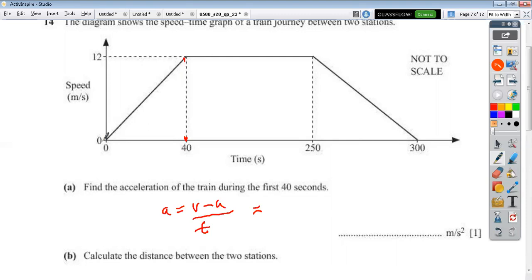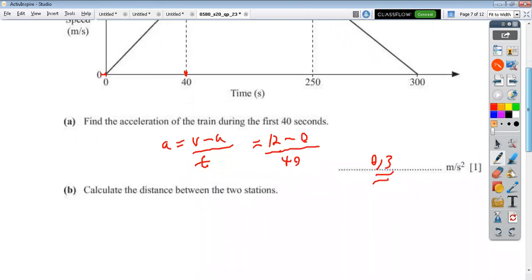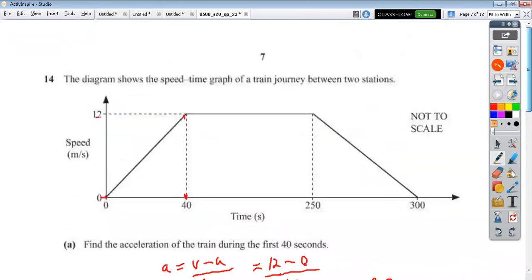From that to that, our final velocity is 12, and our initial velocity at 0 is what? 0. Divided by the time taken, which was 40. That's how we find it. So what's 12 divided by 40? 0.3 meters per second squared.